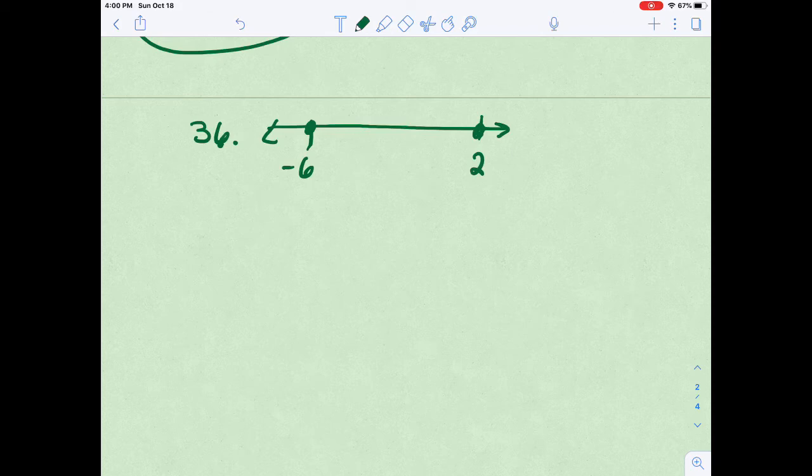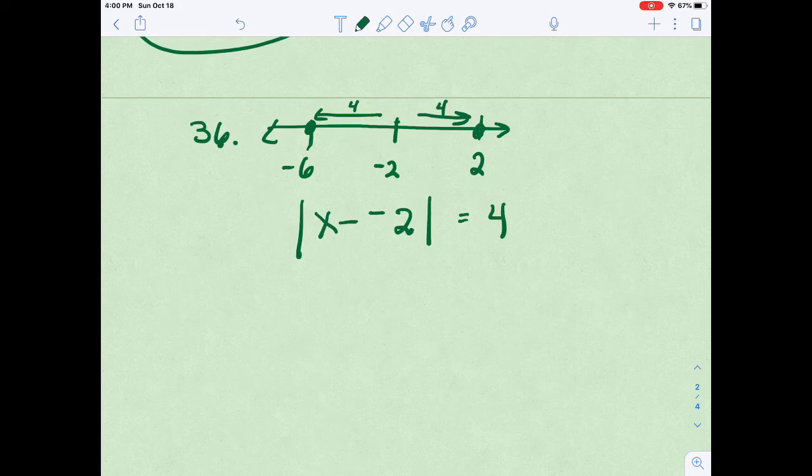So 1, 2, 3, 4. -2 is the middle number. Let's just put it on here. And the distance this way and the distance this way is 4. So what I'm going to say is x take away a -2. The absolute value of that is going to equal 4. So it's going to be plus or minus 4 inside of here.